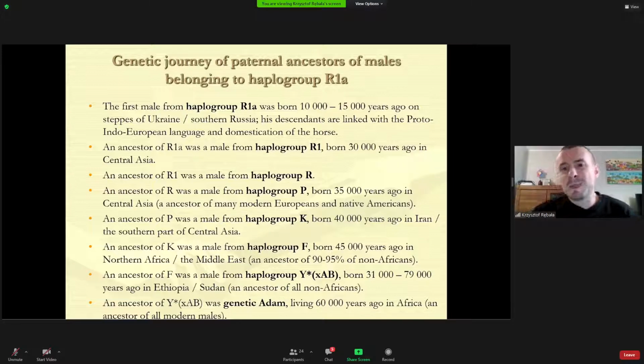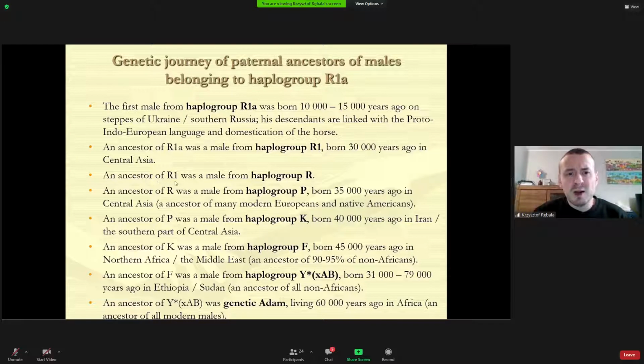The domestication of the horse was the reason why this haplogroup spread over such a vast area of Eurasia.